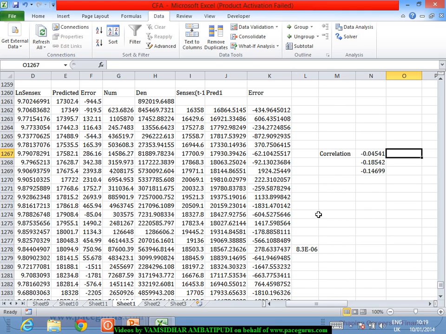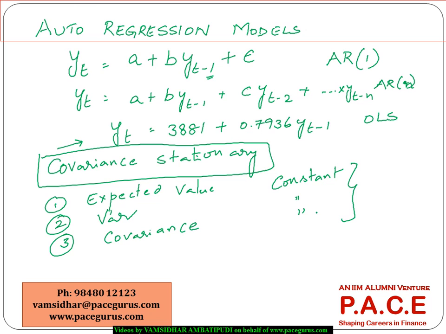Of course, if I have to test in case of autocorrelation, for a regular correlation we were using a statistical test, which is t equals correlation times square root of n minus 2 divided by square root of 1 minus r squared. That is what we were using.